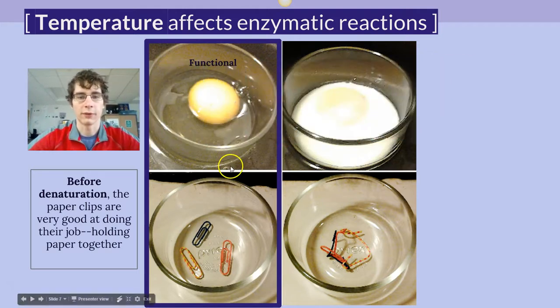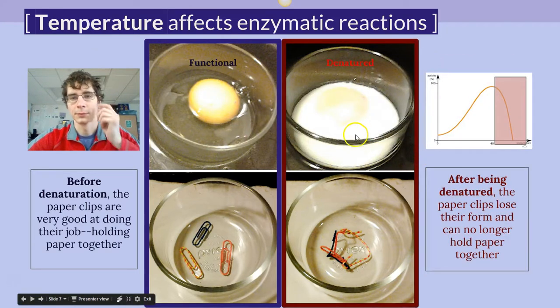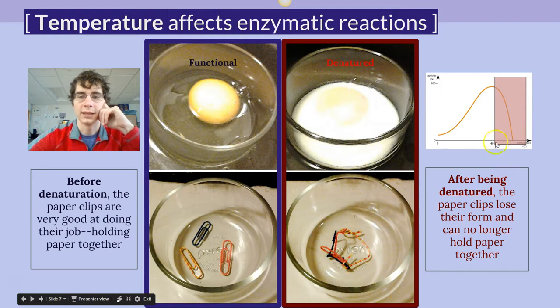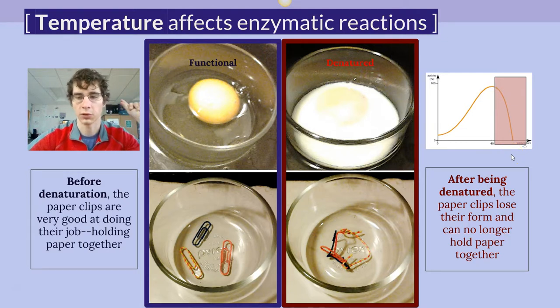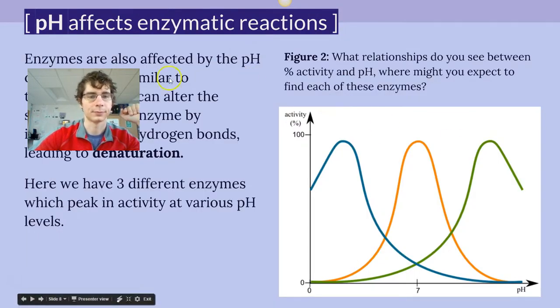They would lose their function. Let's look at that. Okay, so again, this denatured protein is what we see happening at this part of our graph. It gets denatured, it loses its shape, and it loses its function. So the activity of our protein or our enzyme is going to decrease all the way down to 0 because it's completely non-functional. That's just an example there.